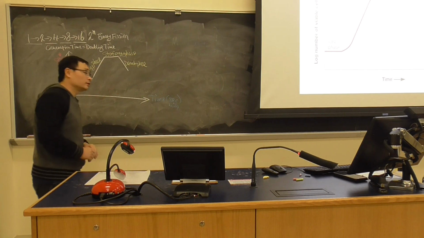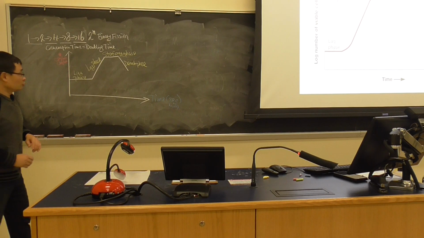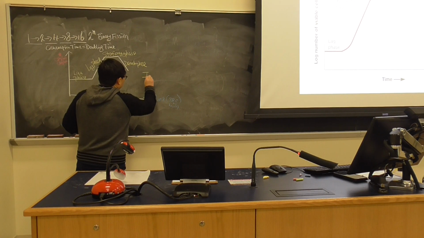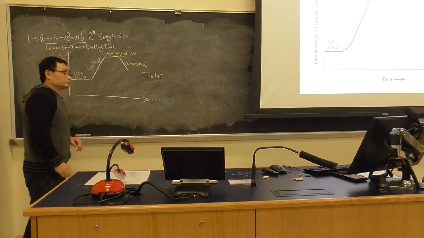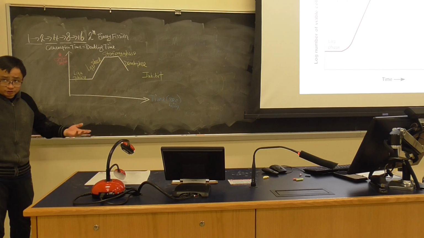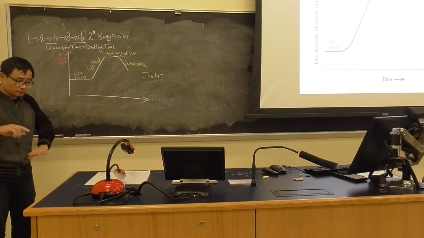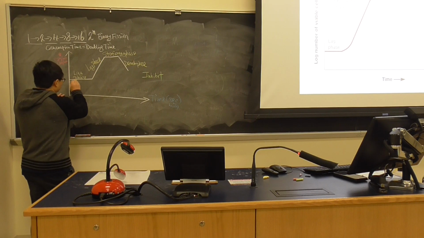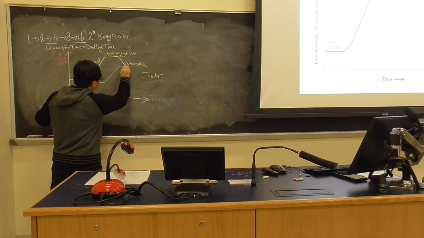For example, if bacteria are exposed to antimicrobials, we say it inhibits bacterial growth. What does this mean? Inhibit means they still stay there. They're not killed. Eventually they will grow. Their lag phase is increased like this, and eventually they will grow like this.